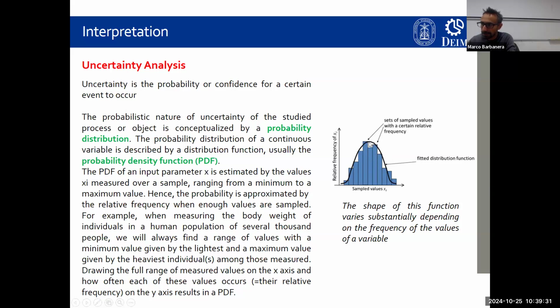In particular, in this kind of probability distribution, the mean value in this graph is the most probable value. Then for the same parameter, you can have different data.